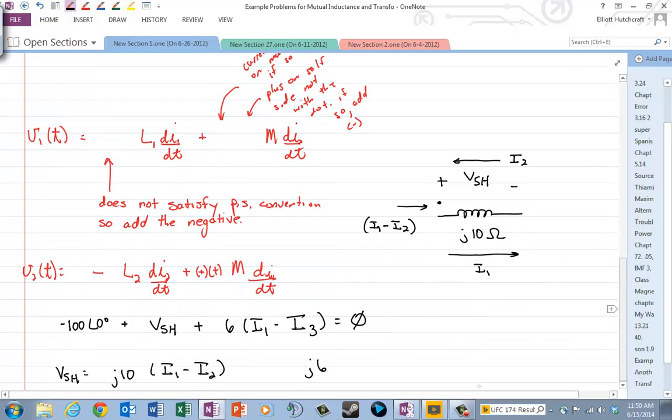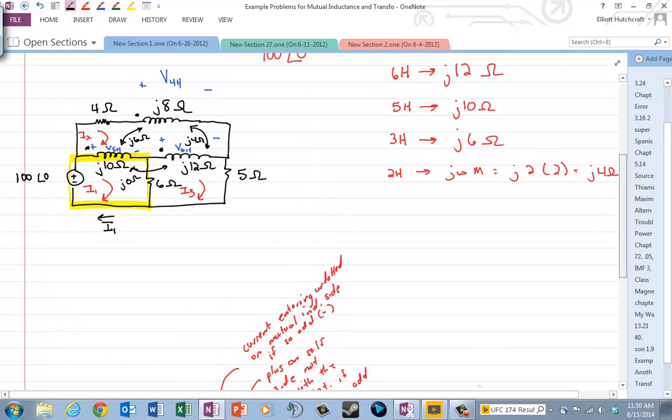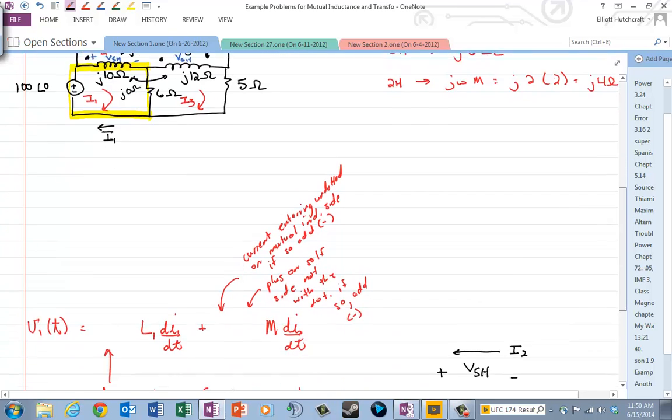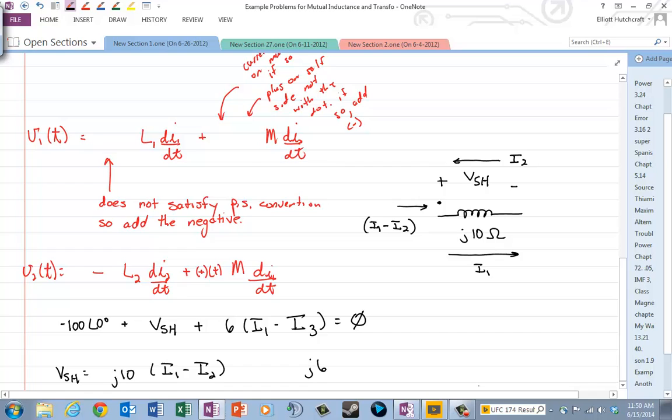Okay, so we've got J6, and we want the current entering into the dot of this one. Into the dot, the only current in that branch is I2, and I2 is entering the dot, so we are fine. And so we can say plus J6 times I2.